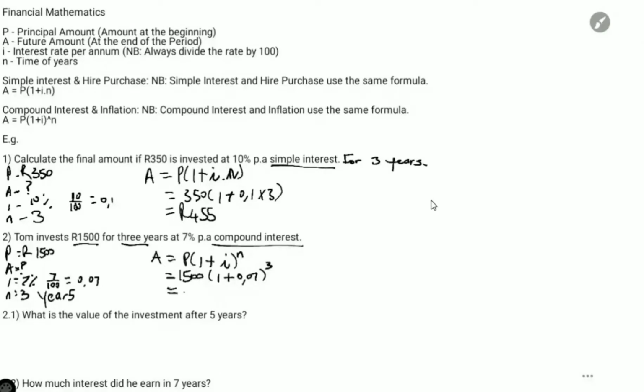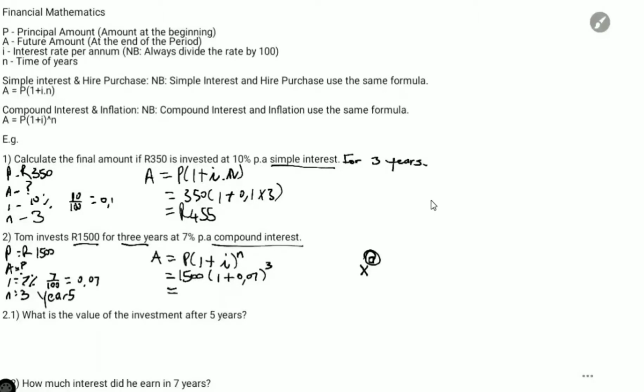Then you're going to look for an exponent button, a button with an x and a block there. Look on the screen for a button with an x and a block. You press that, and then this block is going to flicker.